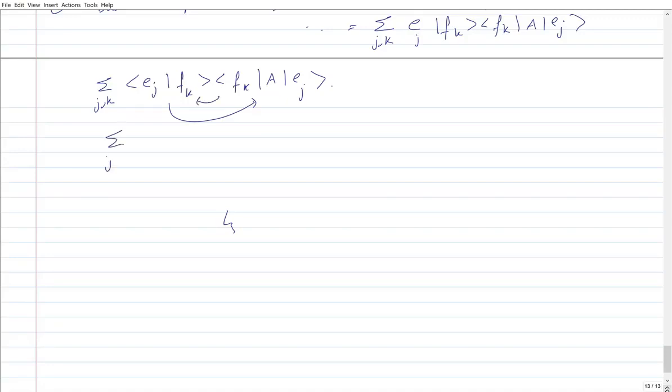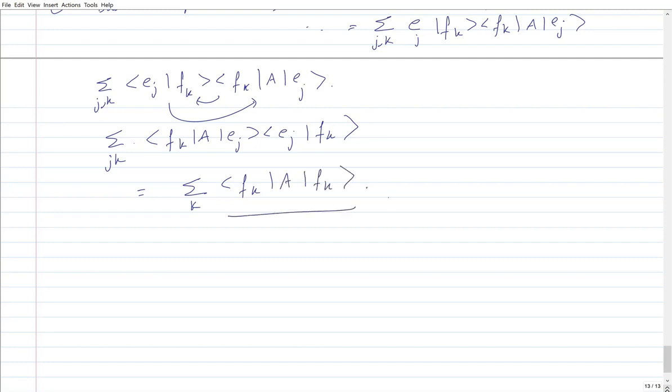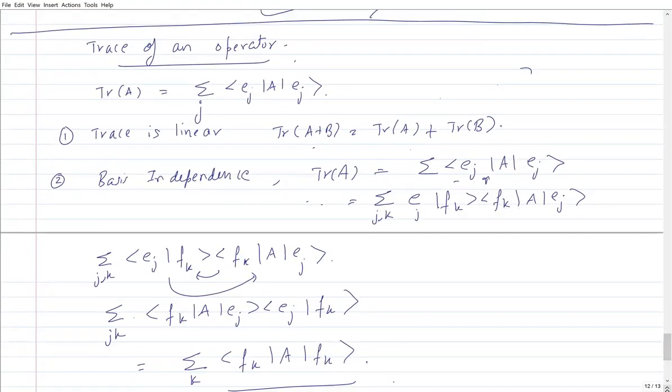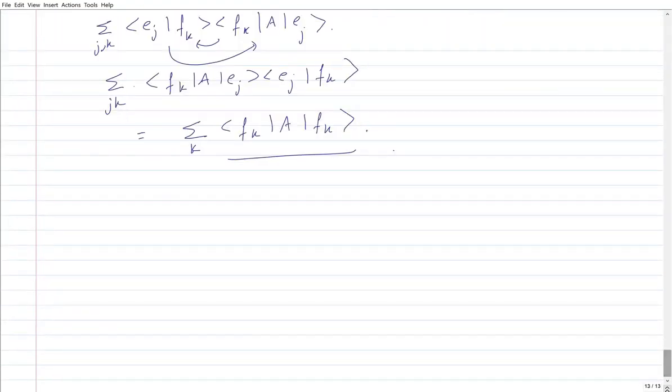I get, and I get, so I started with evaluating the trace in some basis e_j, which was exactly equivalent to evaluating it in another basis.